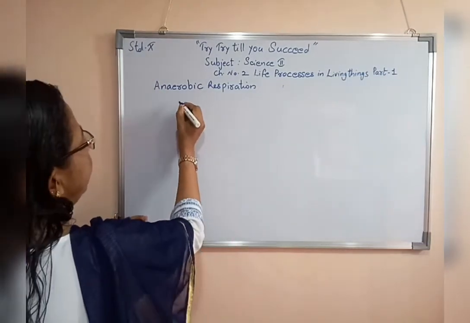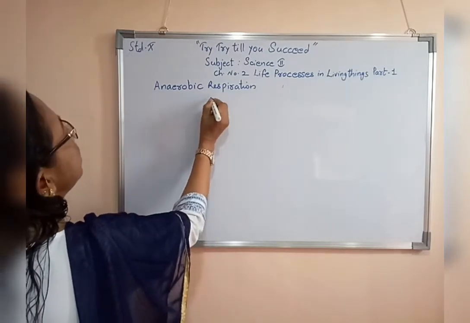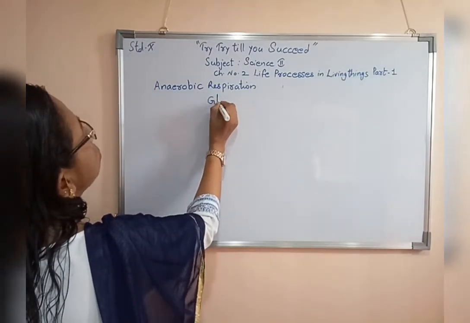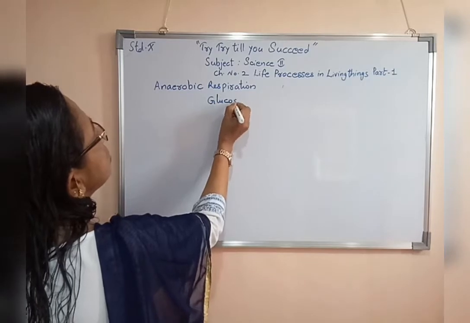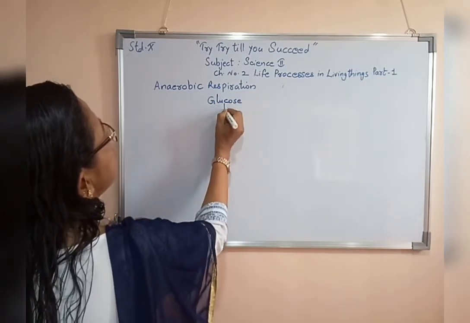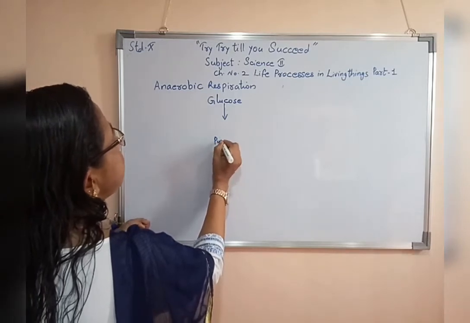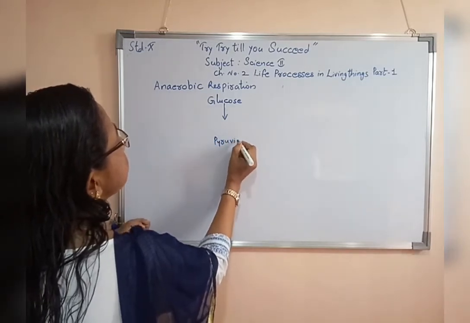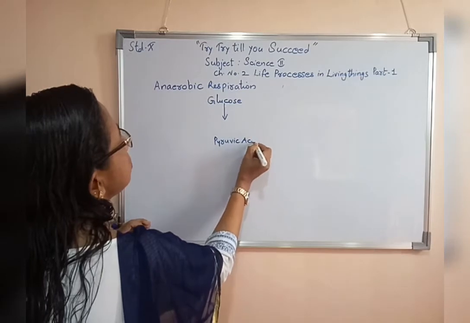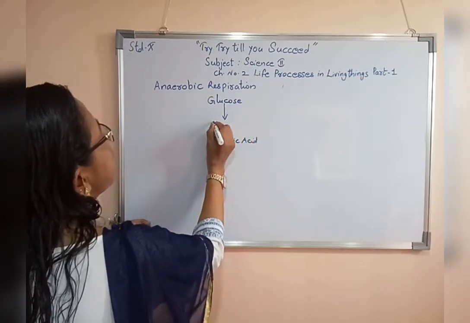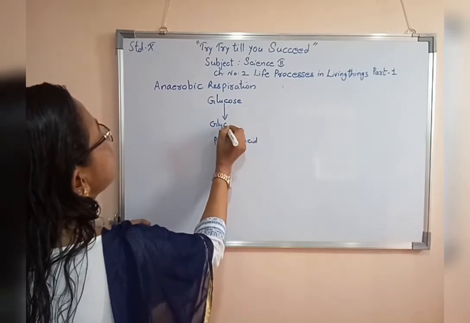Here, as a result of anaerobic respiration, again I am showing, glucose converts to pyruvic acid as a result of the glycolysis process.